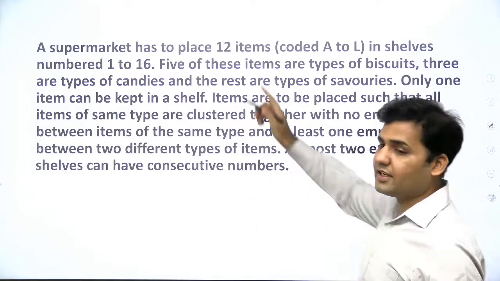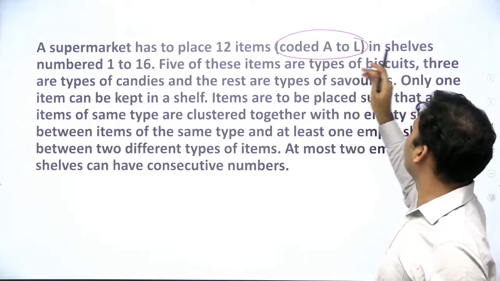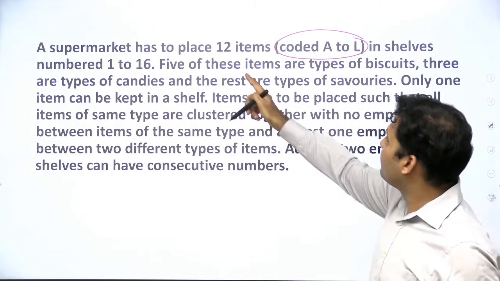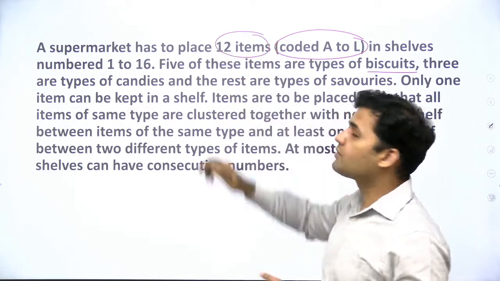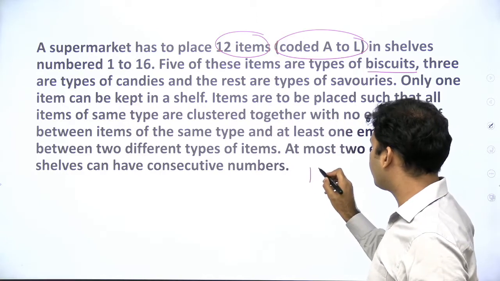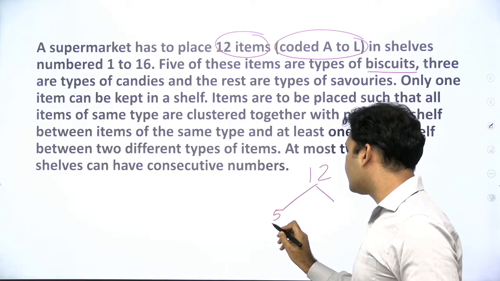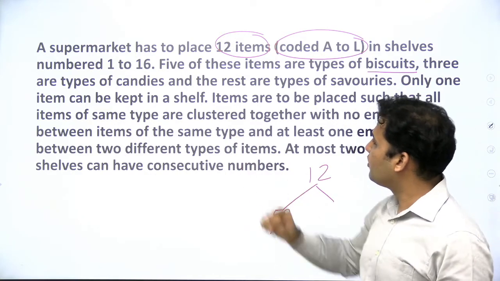A supermarket has to place 12 items which are coded as A to L in shelves numbered 1 to 16. 5 of these items are types of biscuit. So the total number of items that you are supposed to place are 12, and out of these 12 items you have 5 types of biscuits. 3 are the types of candies.